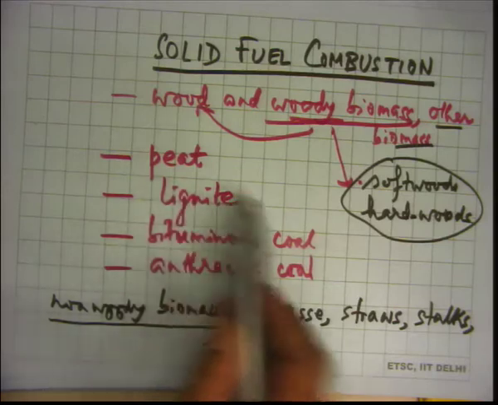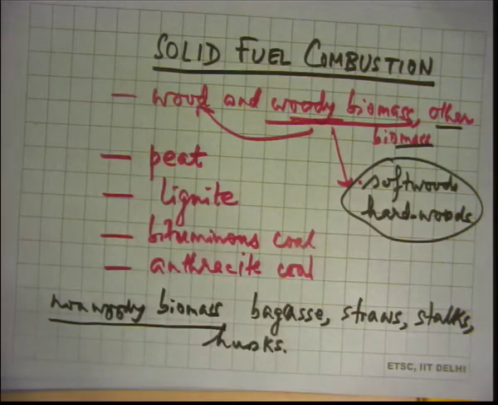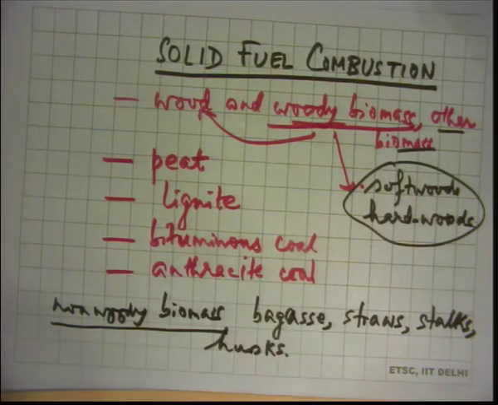Plus peat, I already told you. Then there's lignite, and then bituminous coal, anthracite coal. I don't think I should go into details of this because you know something about it, and even if you don't, this need not be taught because you can read it up. I think you probably all know that anthracite coal has more carbon than bituminous coal, right?